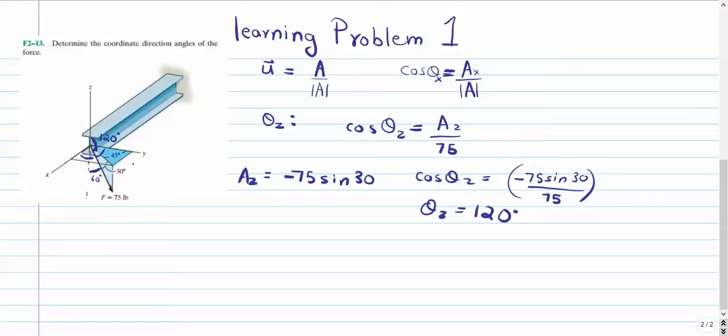Okay, so let's move on to find theta x. Let's write down the formula first. Now we need AX, or the component of the 75-pound force along the x-axis. Right now I'm going to use a procedure that you might not have seen before. I'm going to use the trigonometric identity twice. First, I'm going to find the component of the 75-pound force along this line.